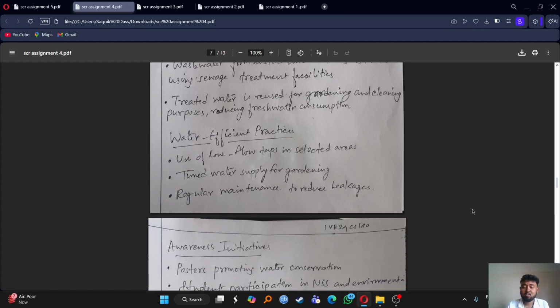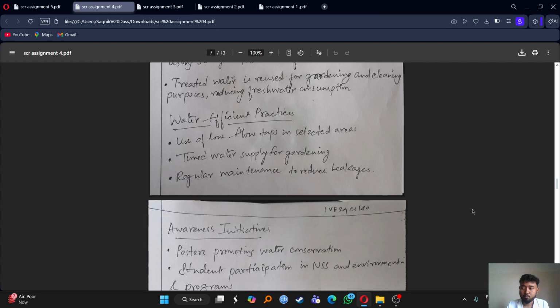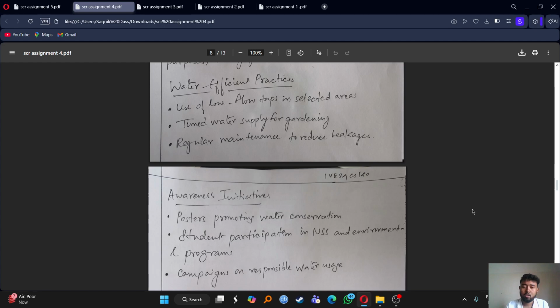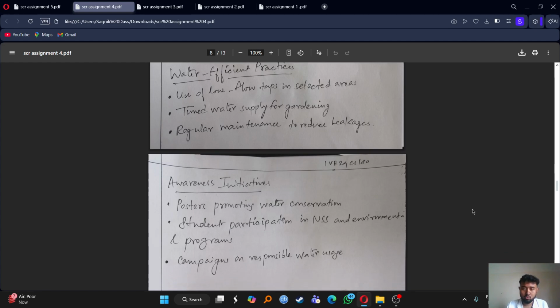Water efficient practices are also encouraged on the campus. Serious fines and punishments are given to people who are not using water efficiently.